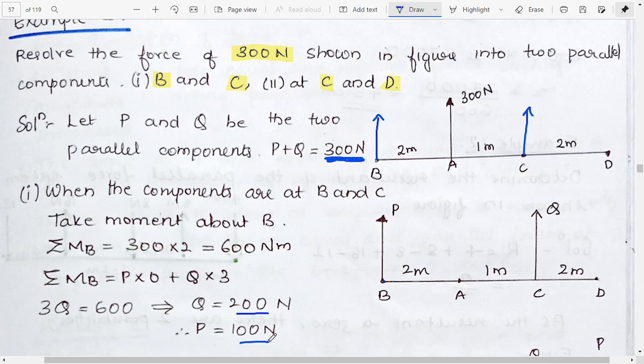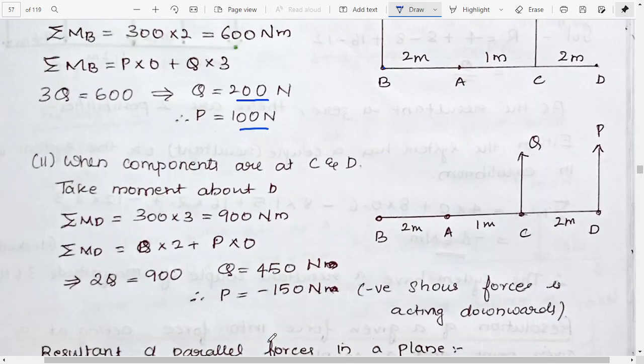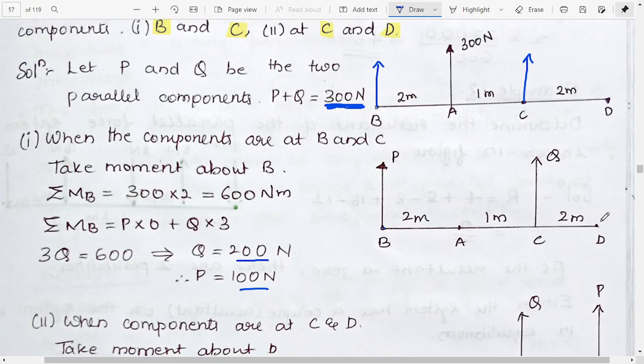Okay, now let us move to C and D. When the components are at C and D, we have distributed it again. In this case also, the moment about D is equal to 300 into 3. Why? Because if we consider this point D as our point of origin, then it is 3 meters from this force.